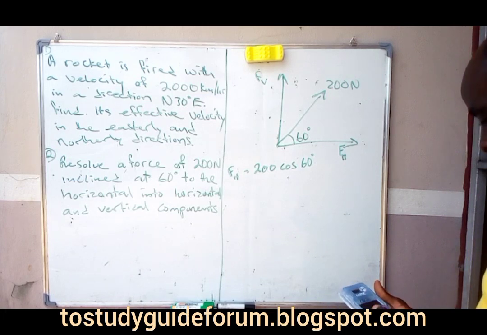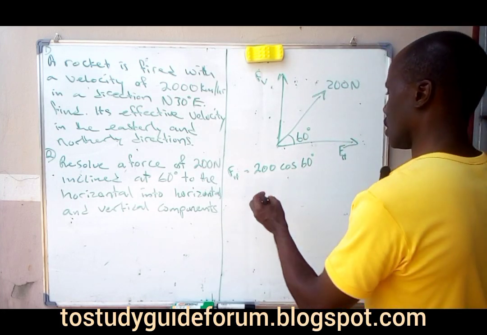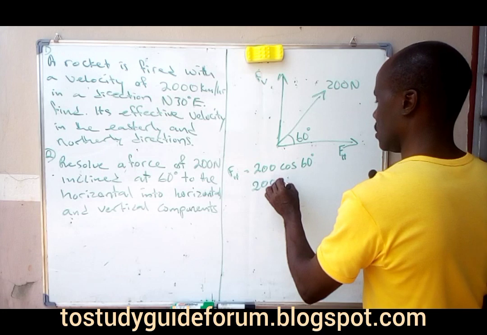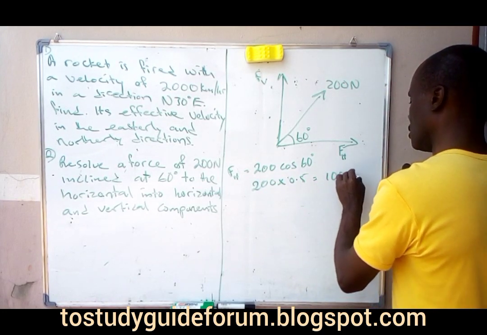Cos 60 degree is half. We have 200 times 0.5, that is half. That will give us 100 Newton.